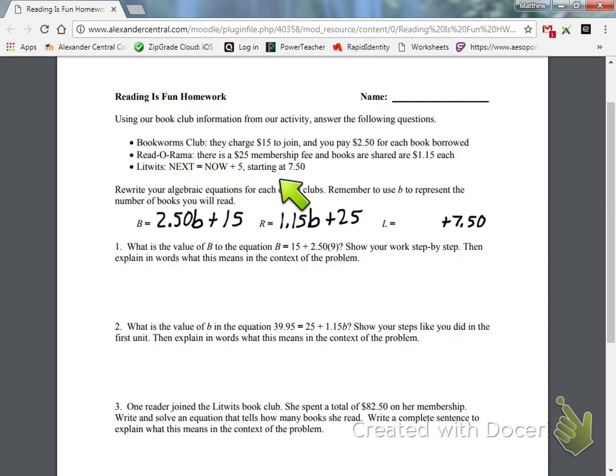So over here on my Litwits, the next equals now plus 5, how much does each book cost? How much does each book cost? $5. There we go.